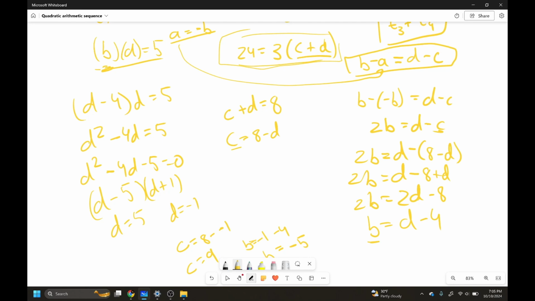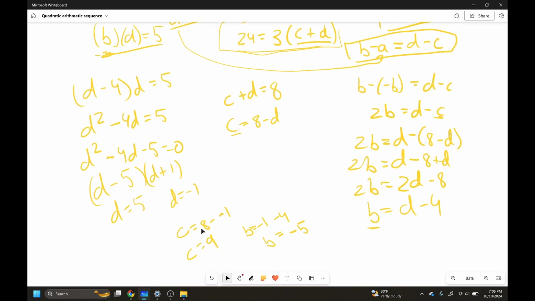Here we can automatically notice that this is not the right answer, because you cannot have an arithmetic sequence going from a negative number to a positive number and back to a negative number. That means there's not a common difference between every term. So the case for d equal to -1 cannot happen.